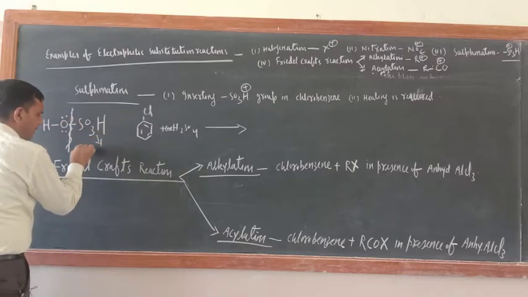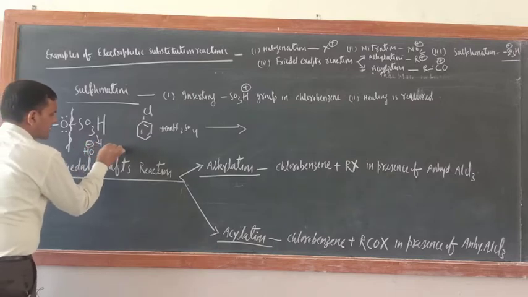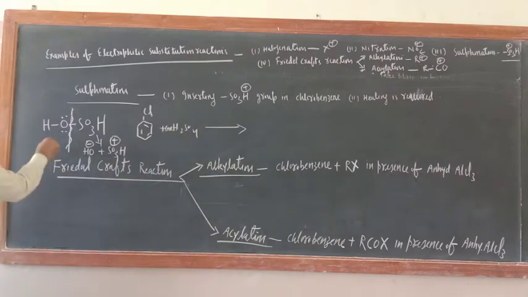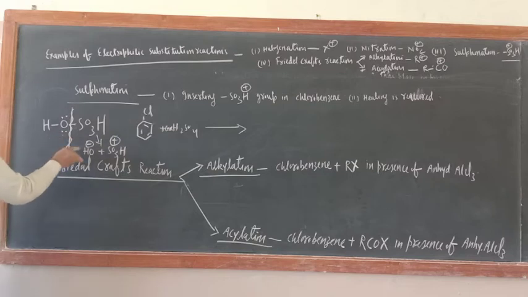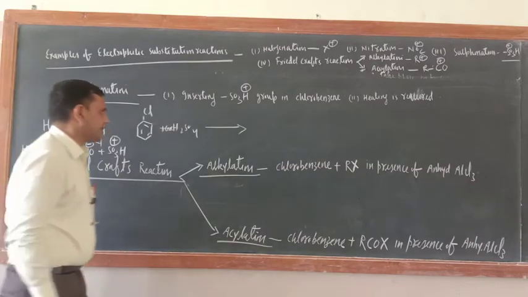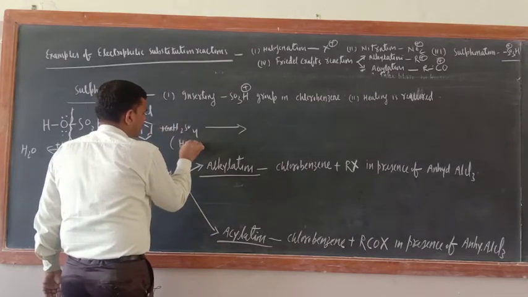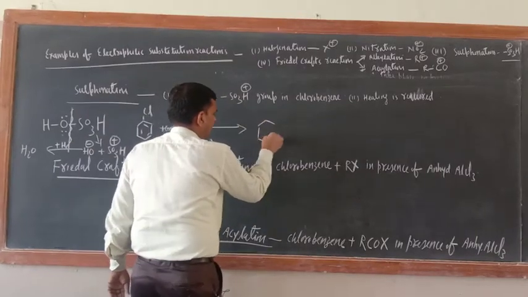So HO negative is generated plus SO3H positive is generated. The H coming out from the benzene ring will make a bond here and form H2O. Here we can write HOSO3H.